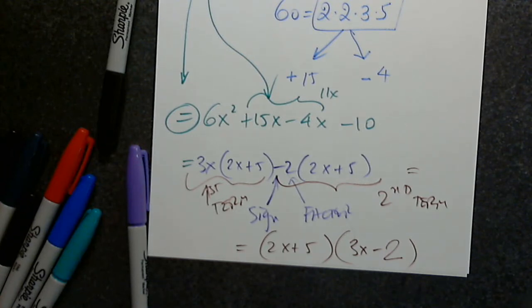The answer is no, because x plus 5 squared has x squared at the beginning, has 25 at the end, but it has 10x in the middle, 2 times the first times the second, not 7x. So the point I'm making is, if a trinomial uses a special product, it's not sufficient to simply look at the first term and the last term. You also have to make sure that the middle term fits. Is that clear, what I'm saying?